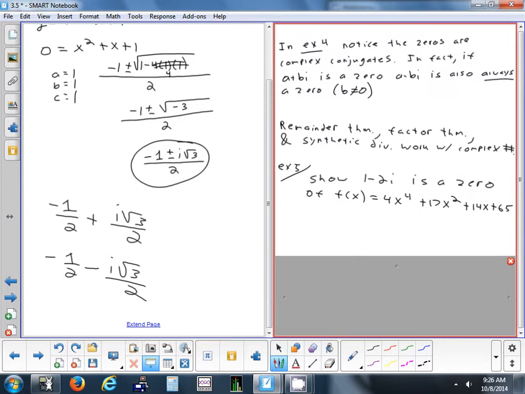Okay, everything that we've learned, whether it's the remainder theorem, factor theorem, and synthetic division, which is what we're going to look at now, they all work with complex numbers without changing anything. So what I want to do is show 1 minus 2i is a 0 of that polynomial.